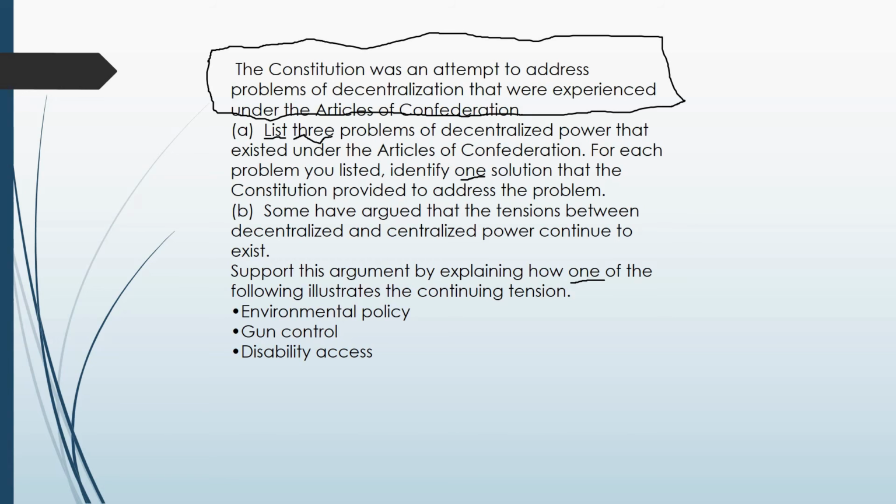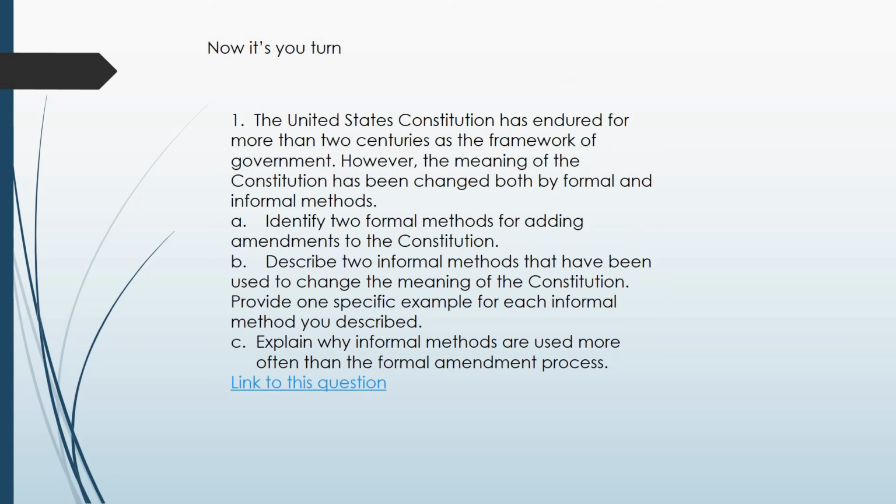In terms of gun control, as you know, that's a big argument now: who should control guns? Should it be the federal government, or should it simply be the states? In terms of the Disabilities Act, they're really talking about the unfunded mandate which exists with the Americans with Disabilities Act, which requires states to make public facilities handicap accessible.